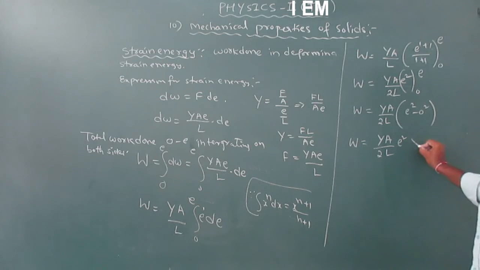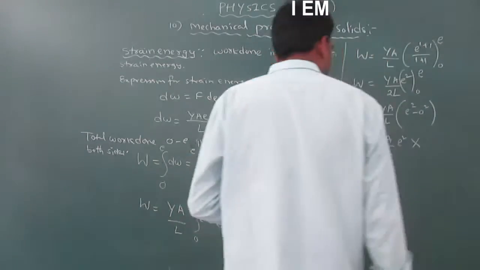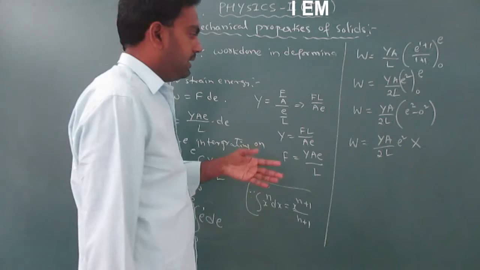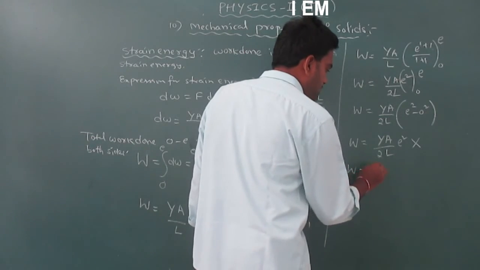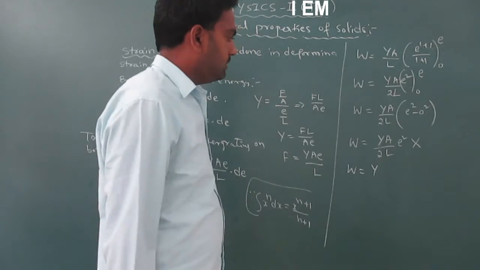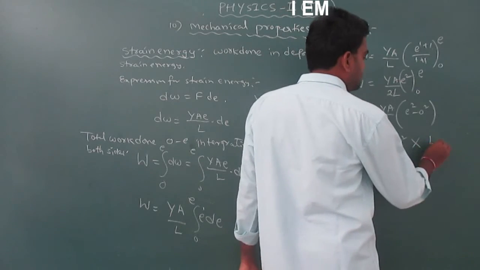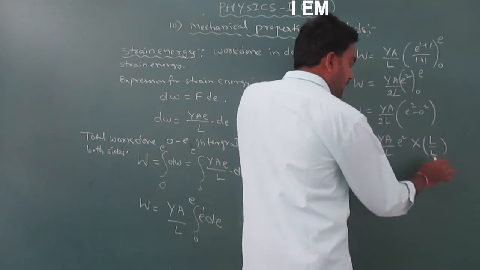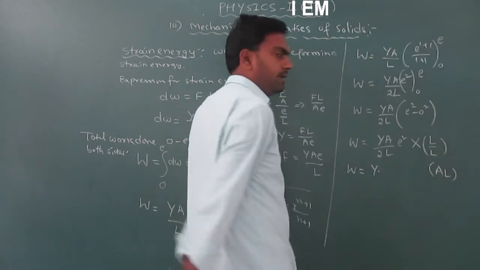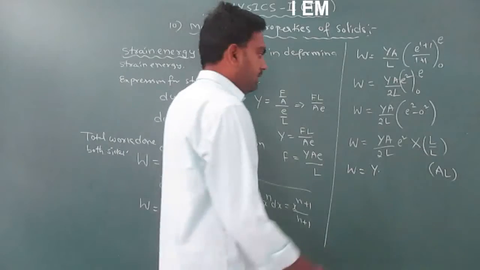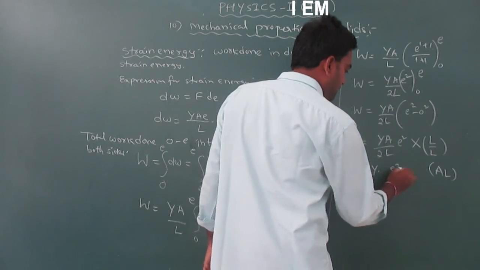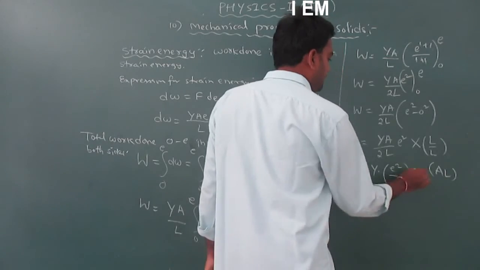Now here, multiply and divide with respect to L. Y is the Young's modulus, and A into L, dividing with respect to L by L, so A into L written outside, that is the area into length, which is called the volume, and E square by L square we can write, into 1 by 2.